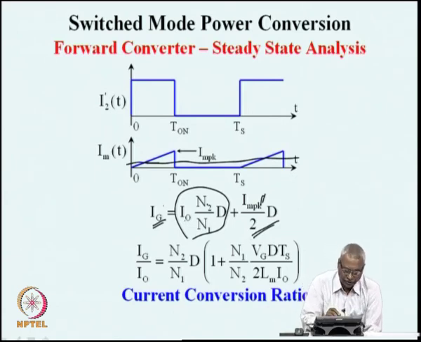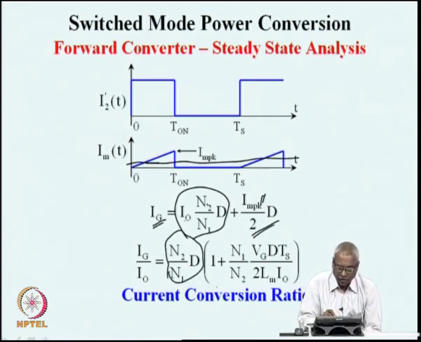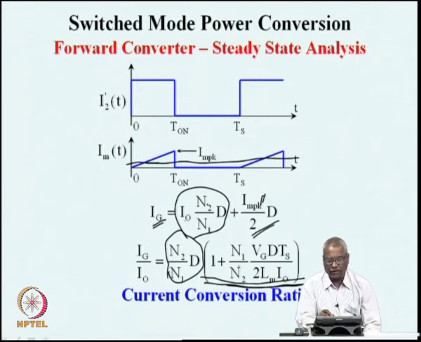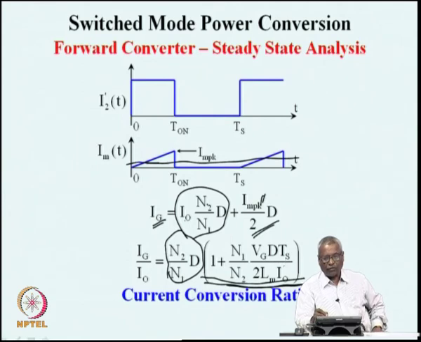So, now if we find the ratio of Ig to I naught, it has the ideal gain N2 by N1 into D, but now all the other variations have been combined into a single correction term, which is 1 plus N1 Vg dTs by N2 squared 2 Lm I naught.